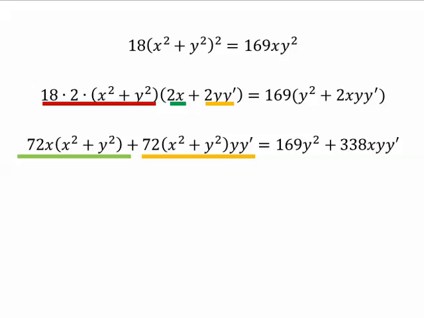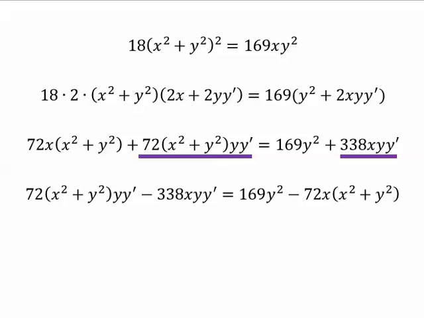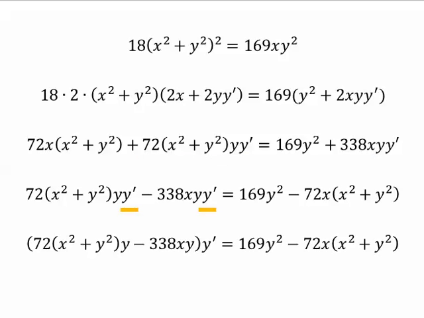All right, next order of business. I'm going to take everything that involves y prime and put it on the left-hand side. Everything that does not have a y prime goes to the right-hand side. I'm now working on the left-hand side. The left-hand side has two terms.